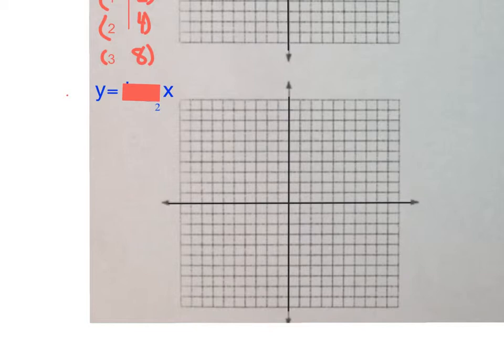So what does that mean? That means you're going to pretend that it says y equals 2 to the x power. And you're going to make an xy table for y equals 2 to the x power, and you're going to get coordinates.